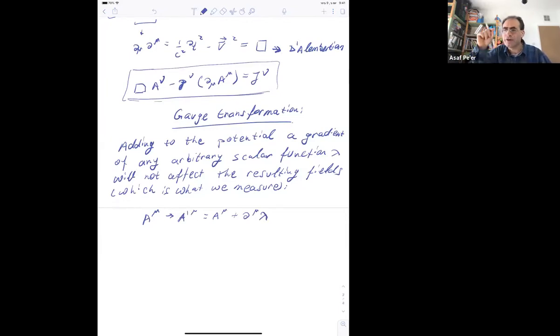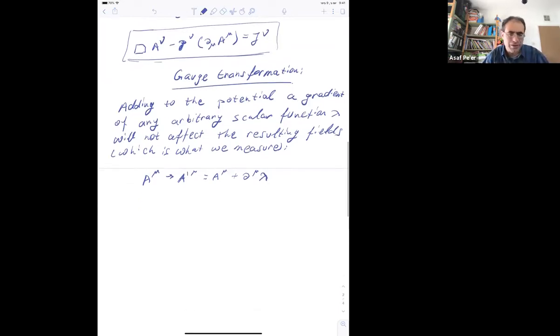Everywhere I can put a thermometer and measure the temperature and I get a scalar result. So this is the meaning of a scalar function. Electric field is a vector function. That means at every point I can take a probe and measure the electric field and I'll get some vectorial quantity. Just to make sure that you're all with me when I say a scalar function.